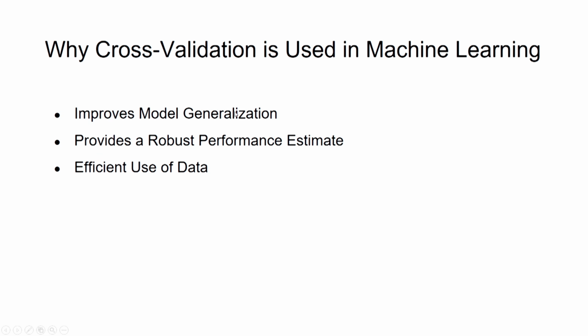It improves model generalization. We have already seen it. It provides a robust performance estimate, because when we give the final accuracy, we are taking the aggregate of k different iterations' accuracies, and that is why the result will be more robust. And it makes efficient use of data.